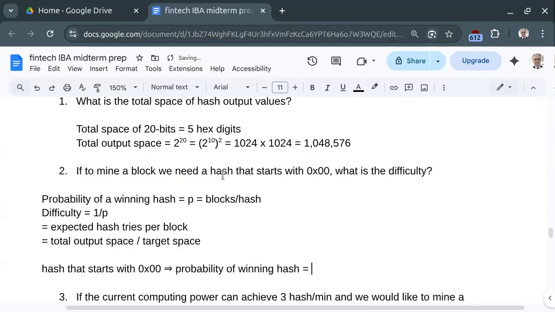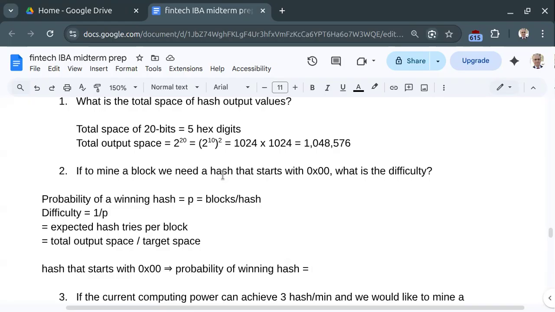We did that already previously. Remember, two hex 0 digits means how many binary digits? Every hex 0 is 4 binary zeros. So to get two hex zeros, you need 8 binary zeros.